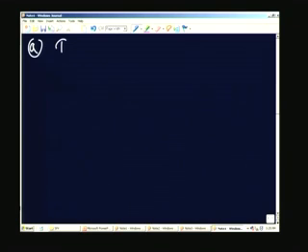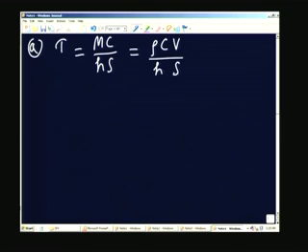which is easily calculated by using the formula tau is equal to the mass specific heat product divided by the area heat transfer coefficient product, and this is written as rho C V divided by H S, and V by S we have just now seen is delta by 2. Therefore, this becomes rho C by H into delta by 2.